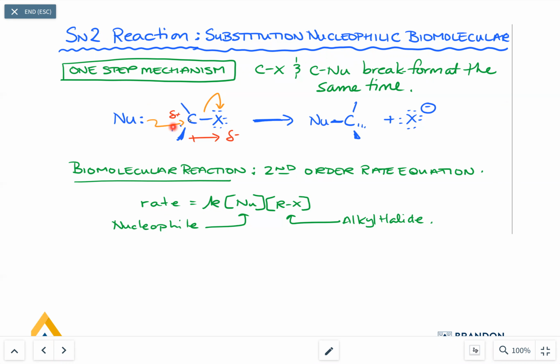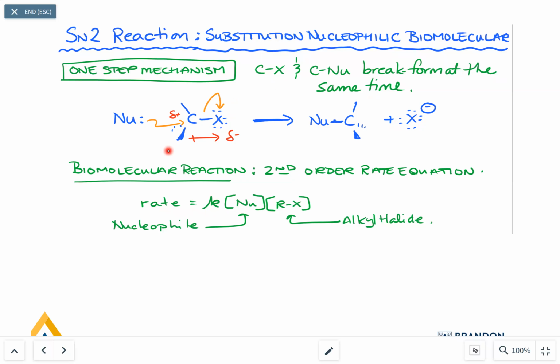As the nucleophile hits this carbon and starts to form this bond, the X group, the leaving group, starts to leave. So it's a one-step mechanism, and it relies on these two molecules hitting each other with a specific orientation. So the nucleophile has to hit the electrophile. This bond forms as this bond breaks, so it's taking place at the same time. So this is a concerted reaction.